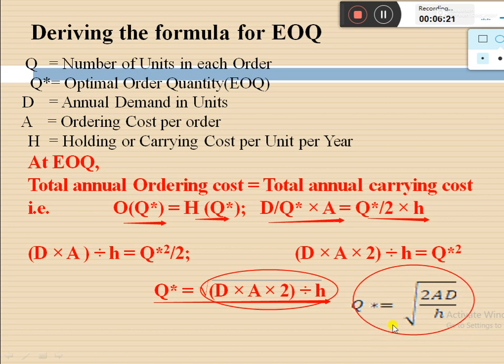Q star, or economic order quantity, is equal to square root of 2 into ordering cost per order into number of units demanded in a particular year, divided by the carrying cost per unit per year.